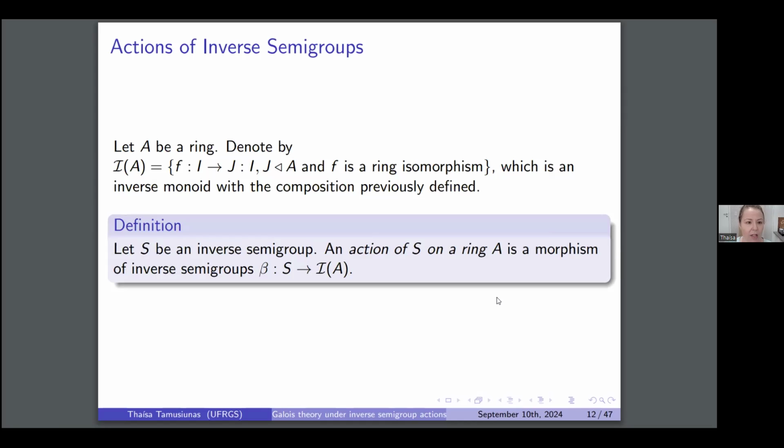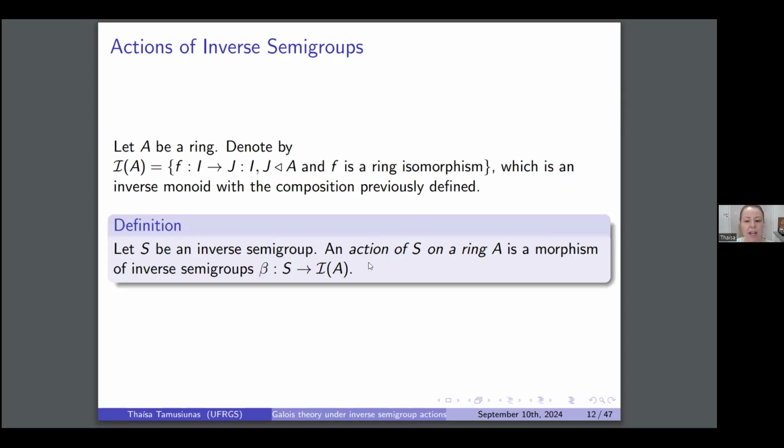Okay, let's talk about actions of inverse semigroups. Let A be a ring. We denote by I(A) the set of partial isomorphisms between ideals of the ring A, and it's clearly an inverse monoid, with the decomposition previously defined.